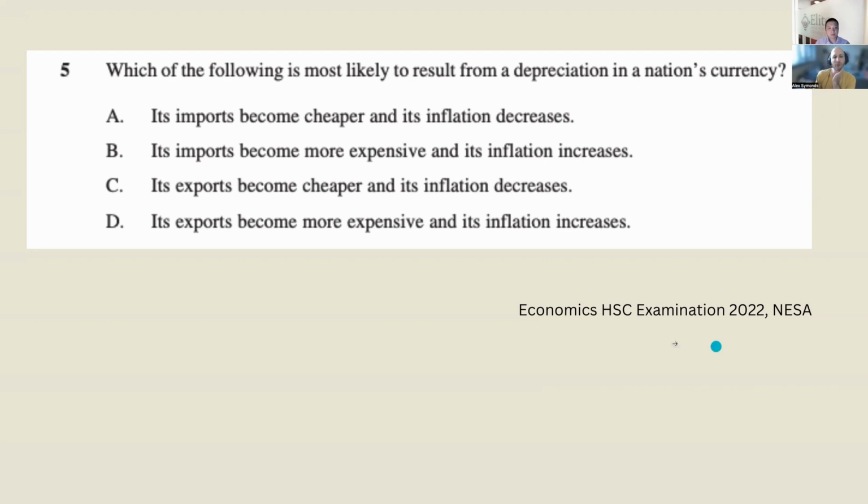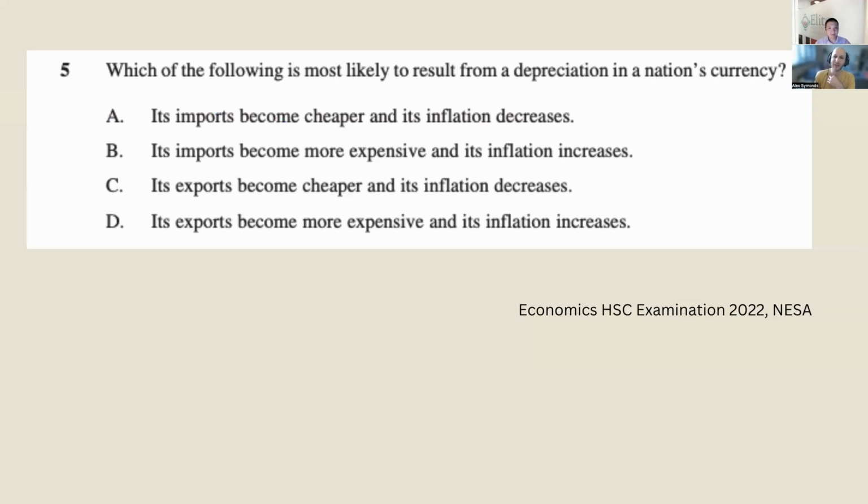So if I just look at A and B, if I blocked out the answers, for example, that's not a very effective way on Zoom of blocking out the answers. But if I got rid of the answers and I just looked at it, if a nation's currency depreciates, imports are going to become more expensive. So I can already get rid of A here. Imports are not going to become cheaper.